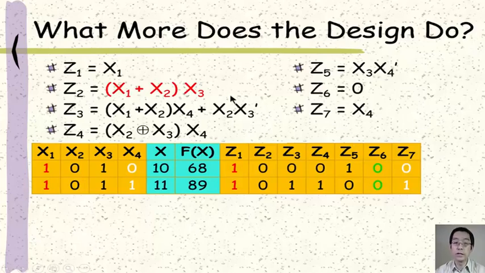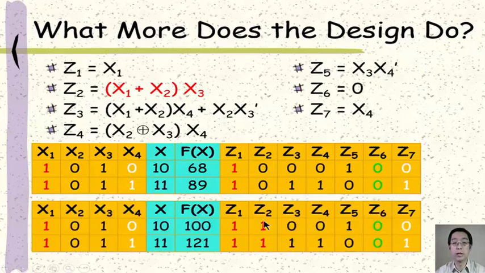However, once we move to the second design, we know that the only difference is on the output signal Z2. With this new design, once we have input 10, that is 1, 0, 1, 0, output Z2 will become 1 instead. This is because x3 is 1 and x1 is also 1.